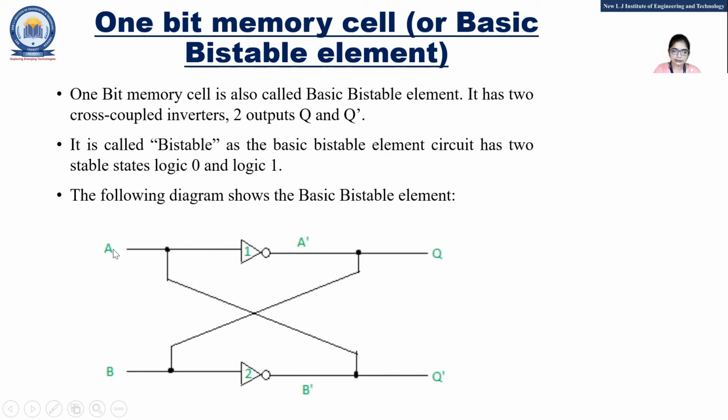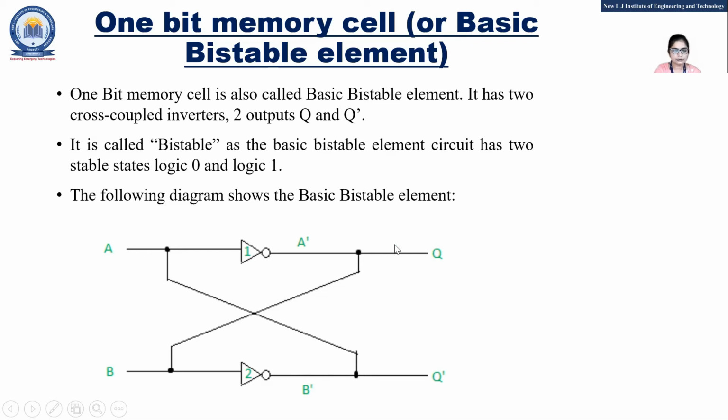So if I give A equal to 0 to this inverter, then the output, that is A dash, is equal to 1. So 1 I am applying here, that is B. So B dash will be 0. Again, I will give 0 here, and the cycle will repeat.